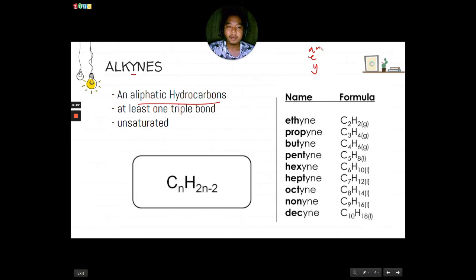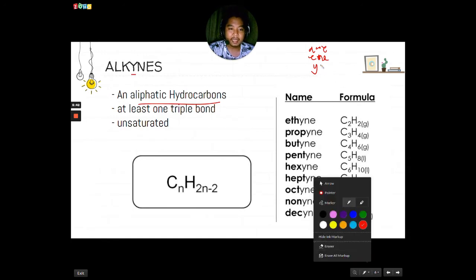So it's ane for alkane, ene for alkene, and yne for alkynes. These are amazingly arranged alphabetically, meaning A is for one bond, E is for double bond, Y is for triple bond.